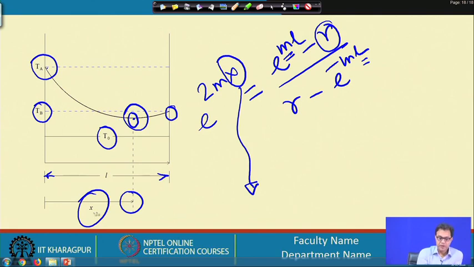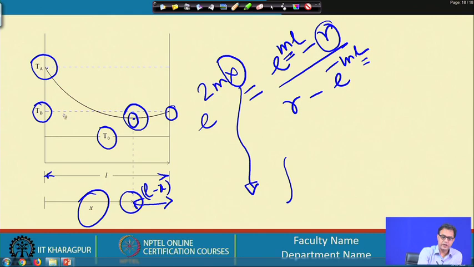So, we have x and then L minus x, these are the two lengths over which we have to calculate the heat transfer. So, how do you do that? We will be able to find two integrals, calculated over these two lengths.